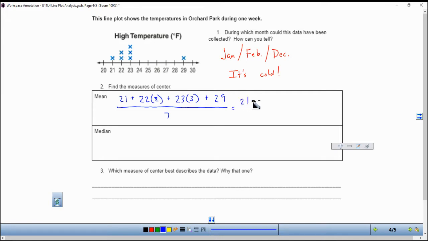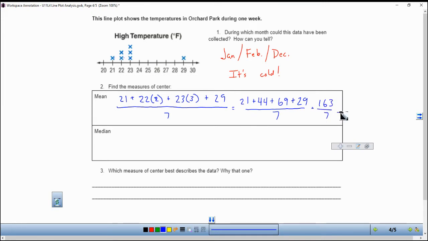So you have 21 plus 22 times 2 is 44 plus 23 times 3 is 69 plus 29, divided by 7. I'm just going to take a moment to add these up. We got 21 plus 44 plus 69 plus 29. So it's 163 divided by 7.